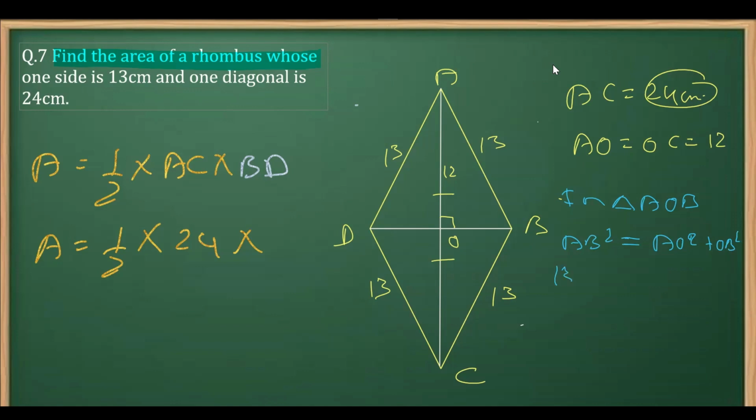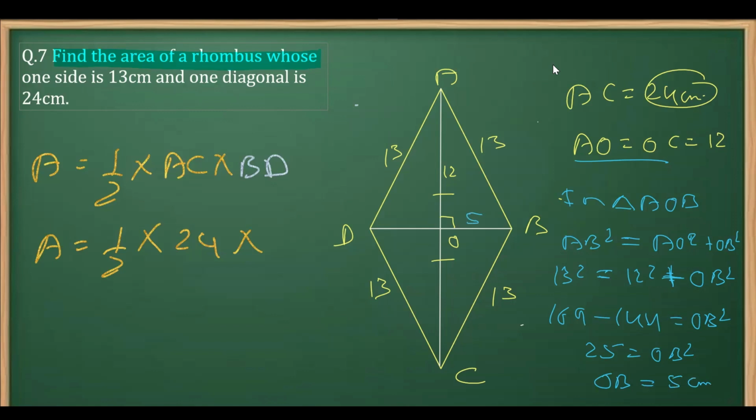AB, whose length is 13, and AO is 12. So 13 square is 169, and 12 square is 144. If I transpose to the left, it should be minus, equal to OB square. So we get 25 is equal to OB square. That gives you OB as 5 centimeter.